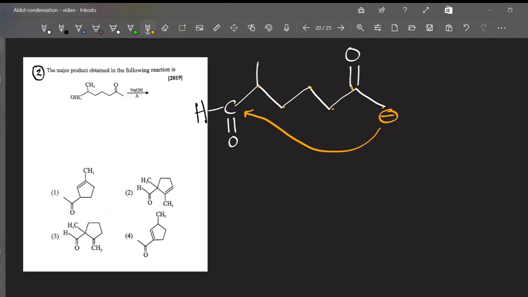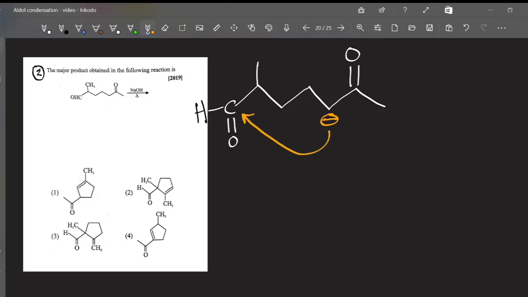We know a 7 membered ring is less stable than a 6 membered ring, and here a 6 membered ring is not possible. If this particular enolate ion attacks the electrophilic carbon of the aldehyde, we are going to get a 7 membered ring. So that must not take place here. What we are going to see is that the enolate ion with respect to this alpha carbon is going to attack now.